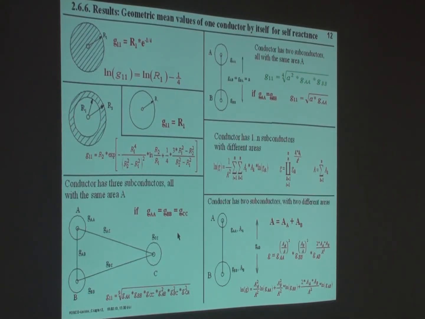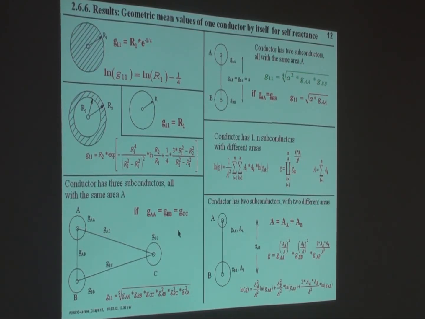It's possible that, until now, we have discussed two conductors, one conductor against another conductor. One conductor against another conductor is mutual reactance. Yeah.